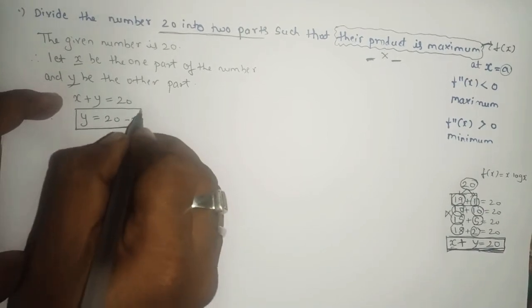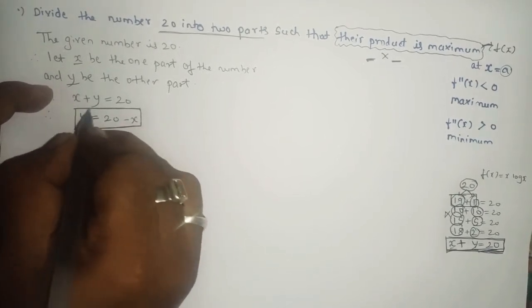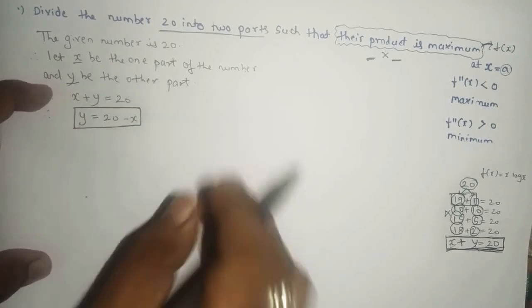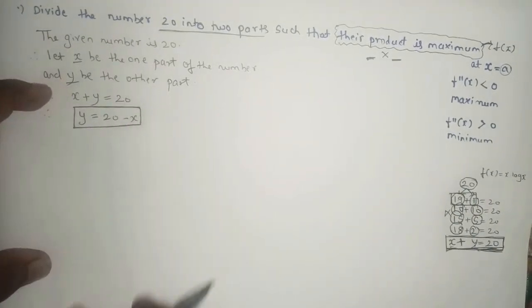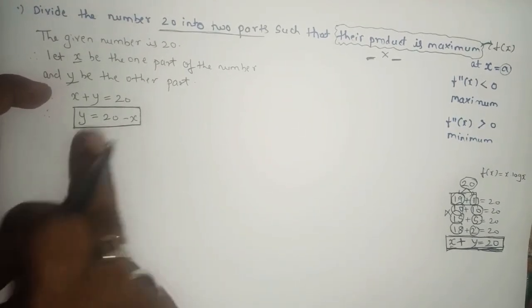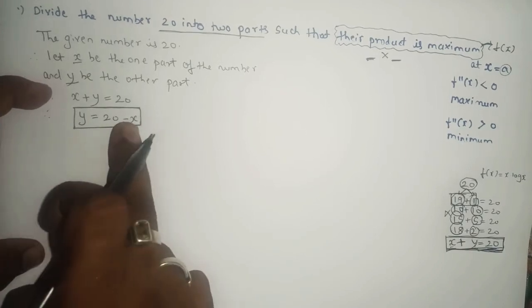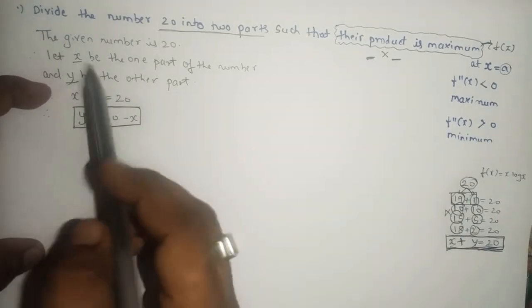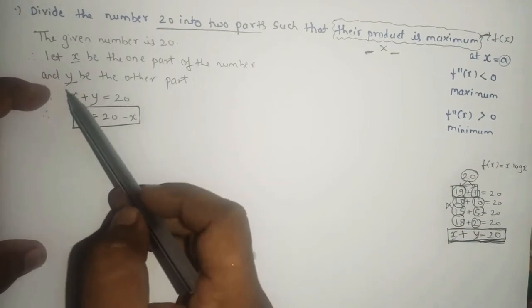It's compulsory that if you have two different alphabets, you try to convert them into a single alphabet, because further when you solve, you have to derivate the term with respect to x, or derivate the terms with respect to y. It is not compulsory that you consider x and y only.